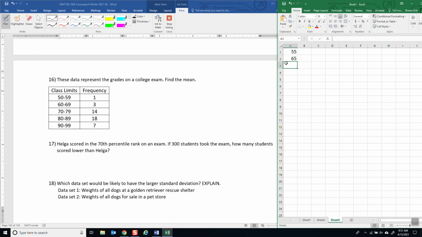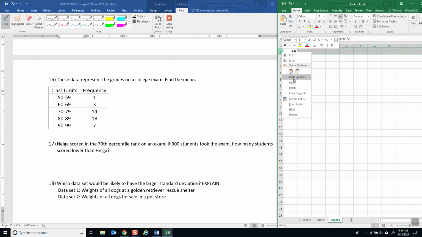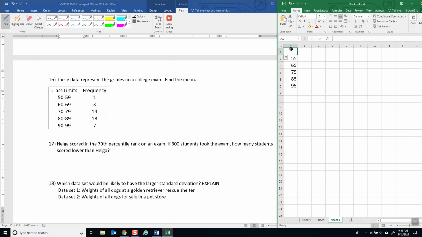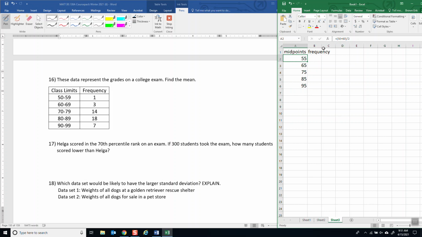So we know the next one will be 75, and then 85, and 95 for the final one. That should make a lot of sense. That's how we broke apart this data, because 10% is often the difference between like a 2.0 or 3.0 and so on. That's where the letter grade breakdown is.